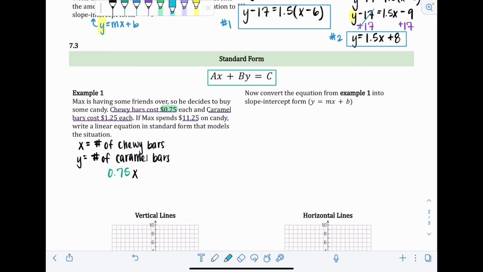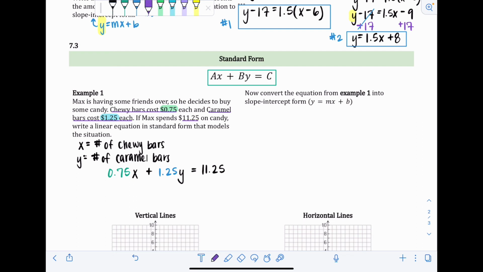And then for the caramel bars, they cost $1.25 each. So if we take $1.25 and multiply it by y, which represents the number of caramel bars that we're buying, we'll get how much money we spent on caramel bars. So it'll be plus $1.25 times the amount of caramel bars that we buy, so times y. And then if we add those two together, we'll get the total that Max spent, which is $11.25.